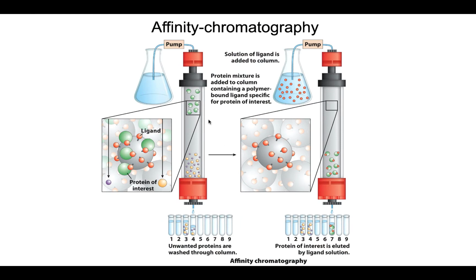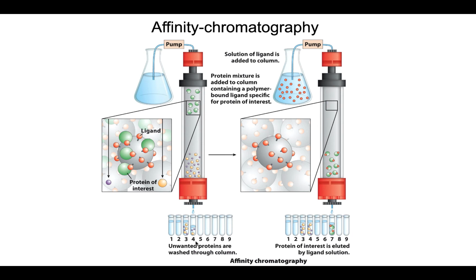And so here's your protein, and it's going through that column, and as it does, it's passing these polymer beads that have the ligands attached to them. And your proteins of interest will attach themselves to that ligand, which is attached to the solid phase here, and they will stay here, where all of the other contaminating proteins don't bind to this red sphere. That's not a ligand for them, so they'll pass right through.